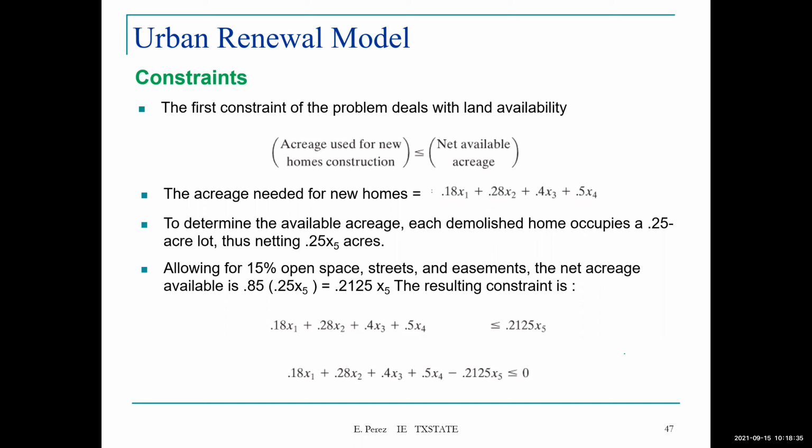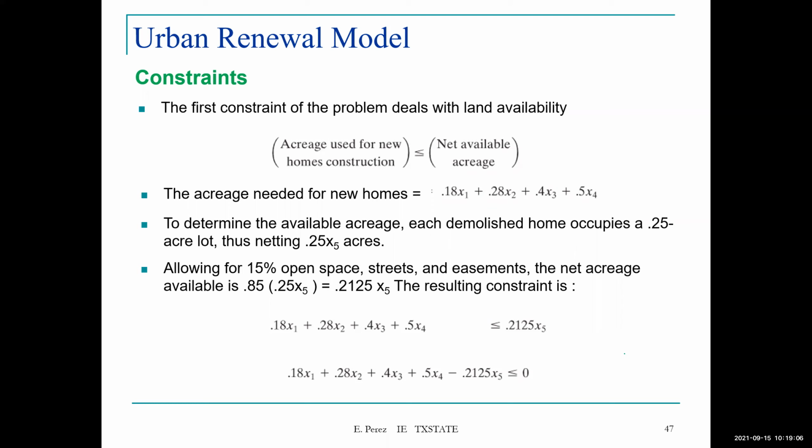To determine the available acreage, each demolished home occupies a 0.25 acre lot, thus netting 0.25 x5 acres. So the left-hand side, which is this summation, has to be less than or equal to the amount of space that we are going to create, which depends on the number of houses that we demolish.